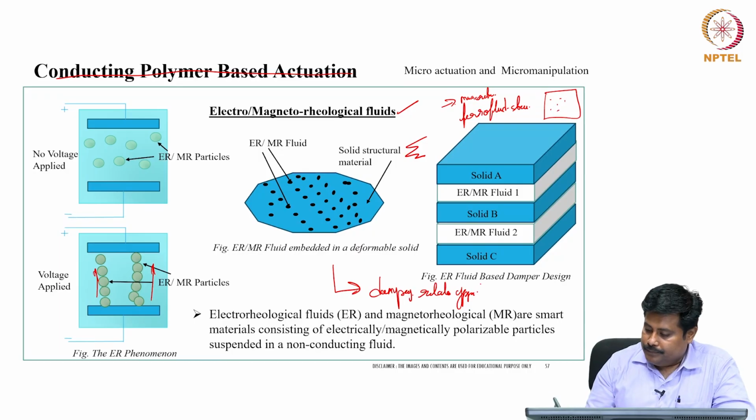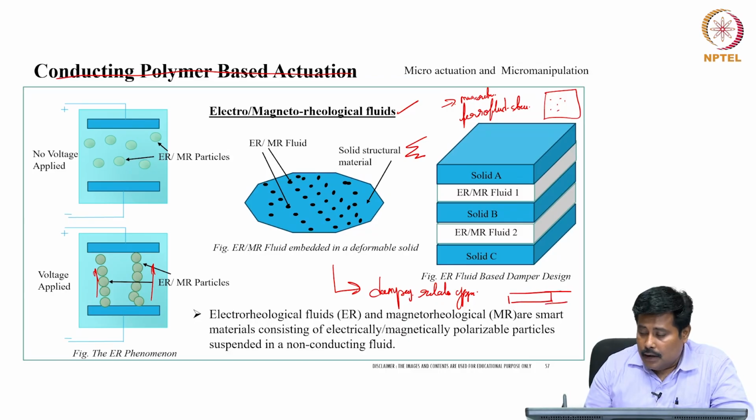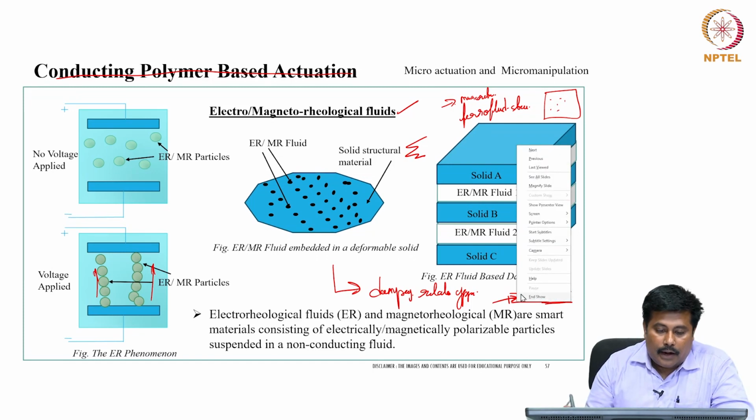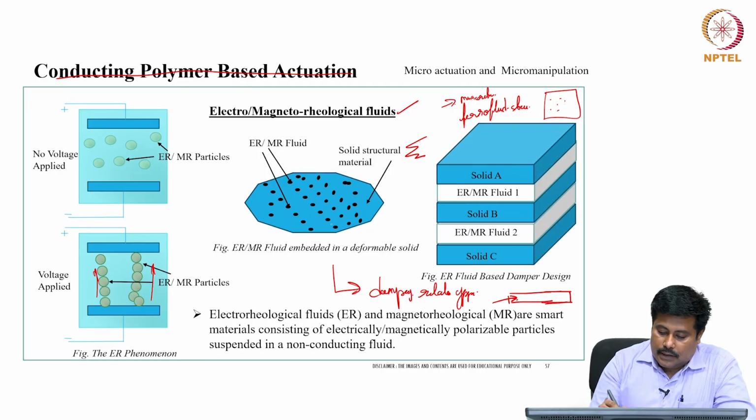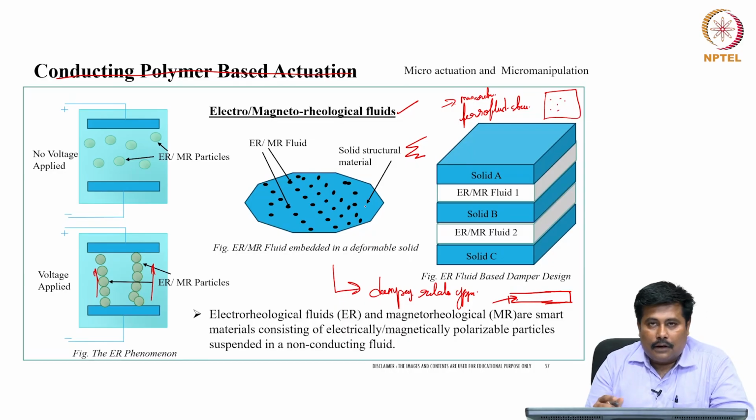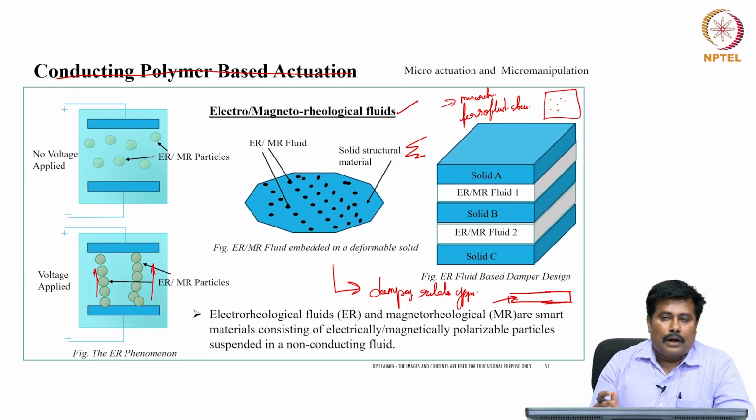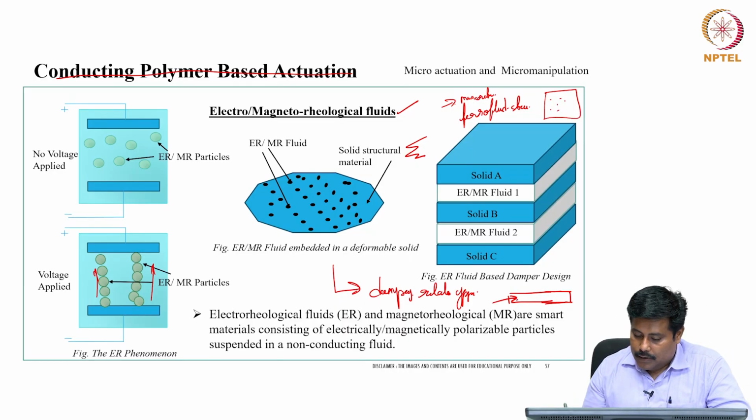For instance, this is a kind of biological wall. Inside this biological wall, the liquid is made to pass through it. This liquid contains a certain amount of solid structural material, called electro or magnetorheological particles.